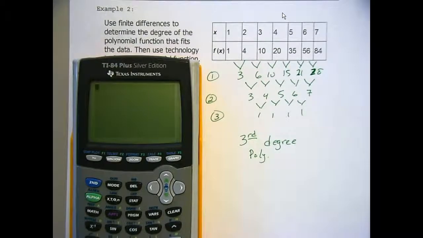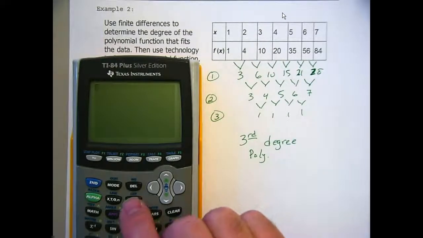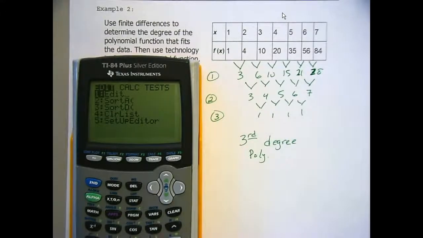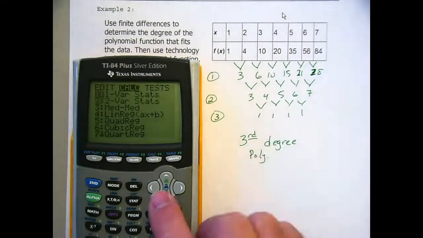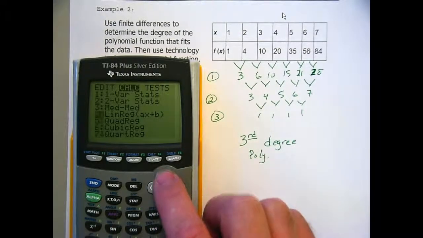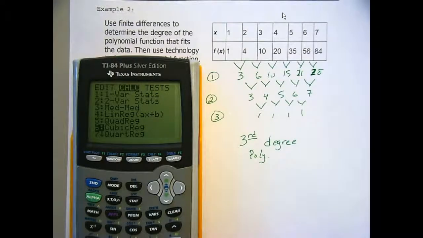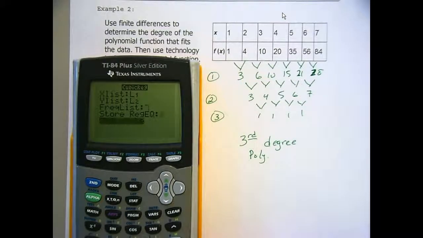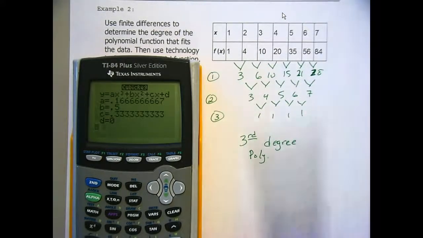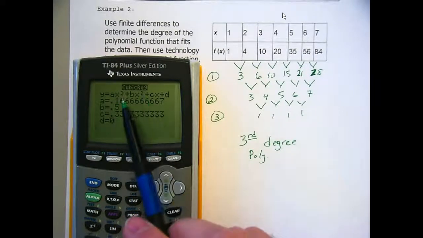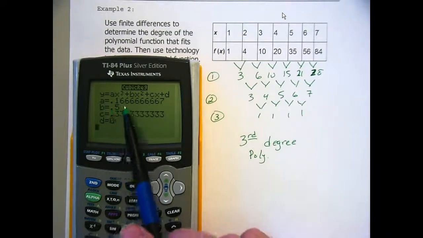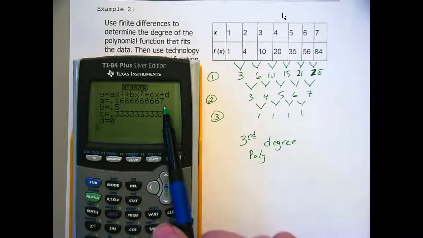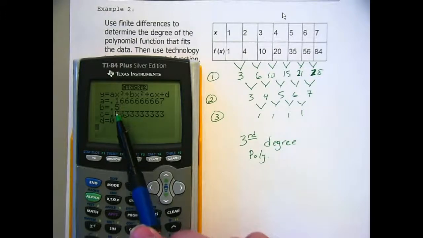All right. And you are now going to go to stat, over to calc, and then since it's a third degree, that is a cubic, so we go down to cubic regression, option 6. Enter. And we keep hitting enter until we get to calculate. And it tells us in the cubic polynomial ax cubed plus bx squared plus cx plus d, a is equal to 1.666666667. B is 0.5.